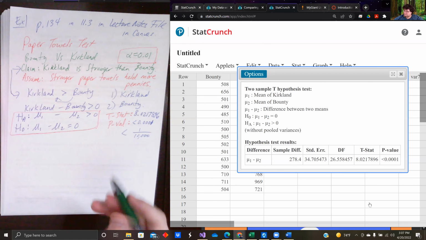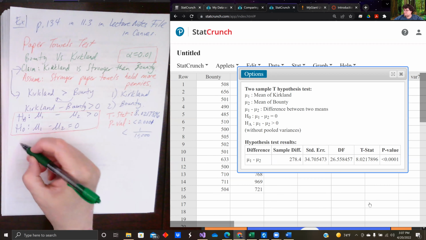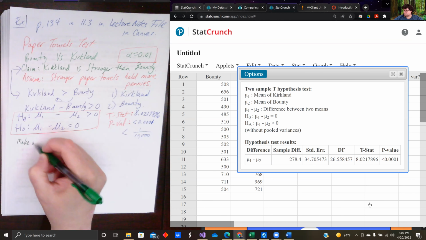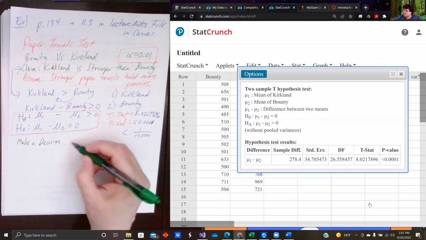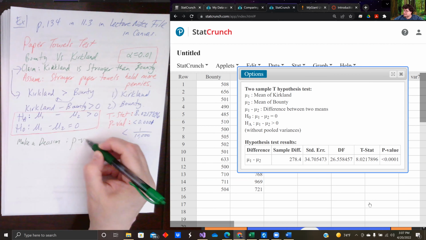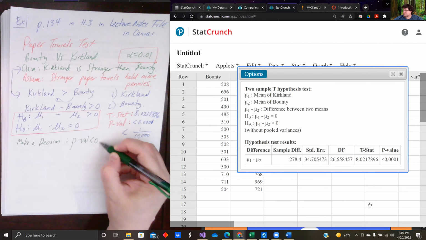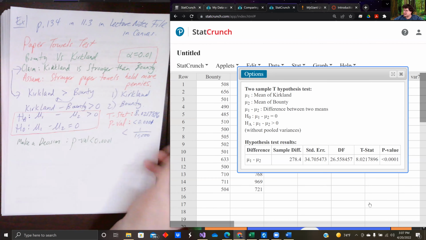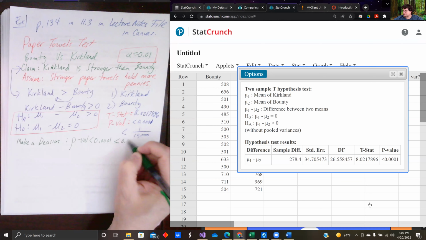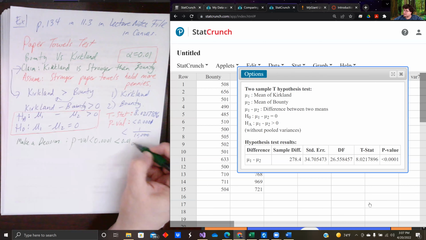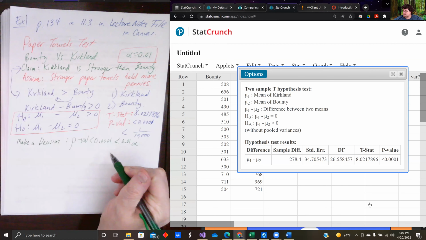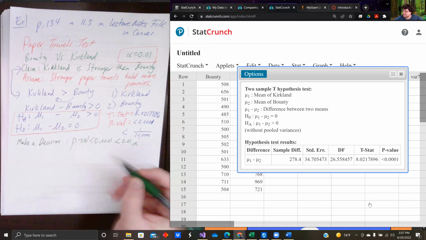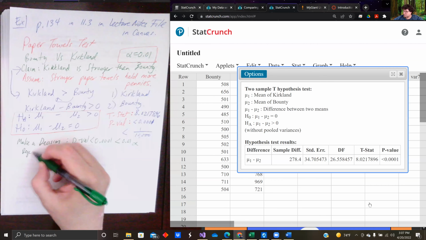So, make a decision time. My p-value is less than 0.0001, and that's less than 0.01 for alpha, which means we reject H naught and support HA.